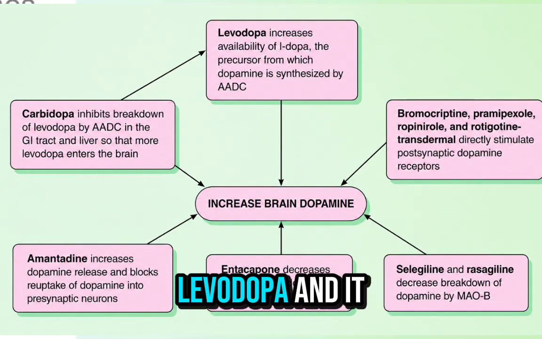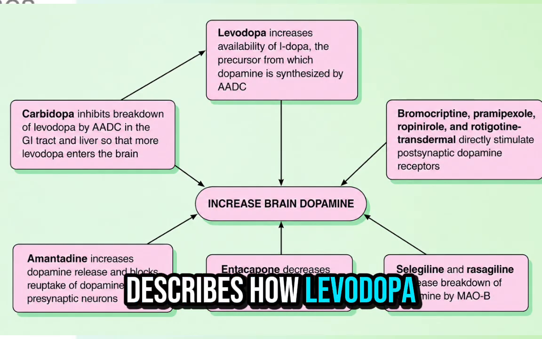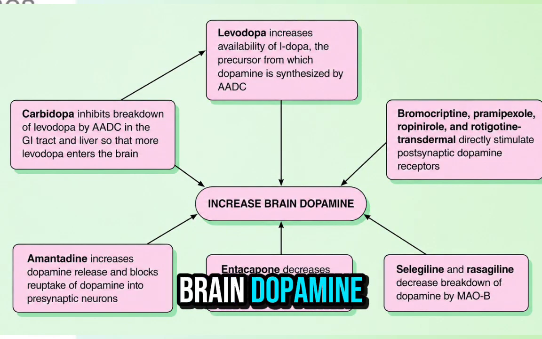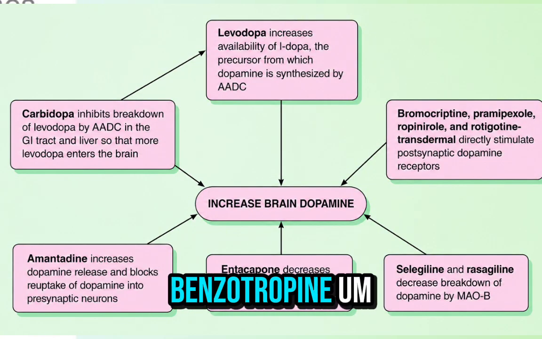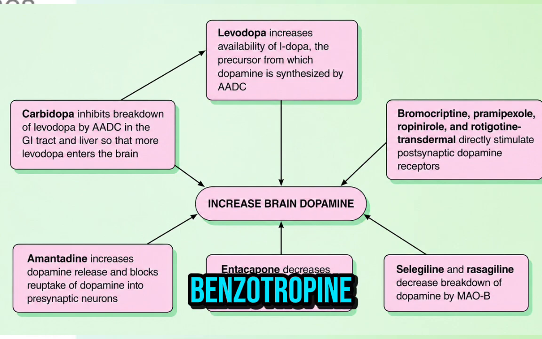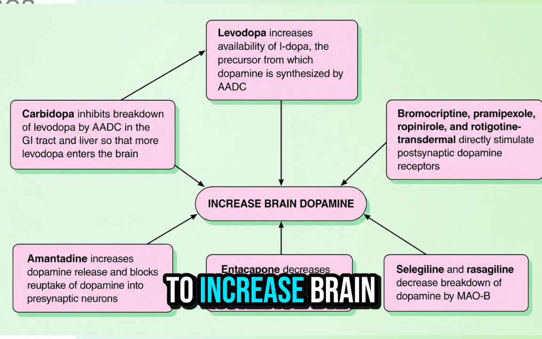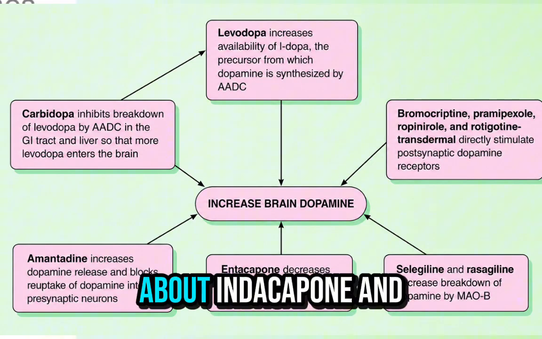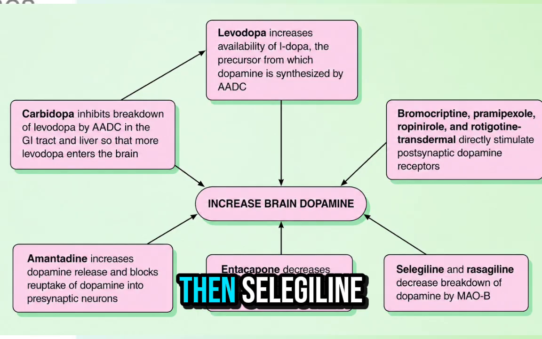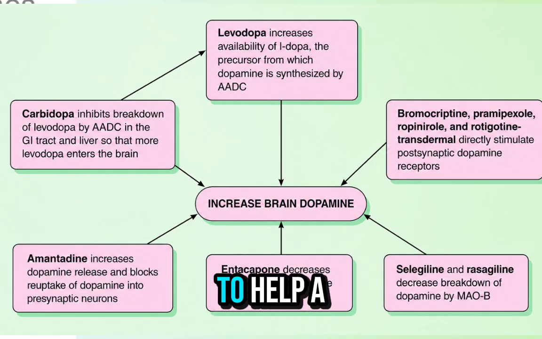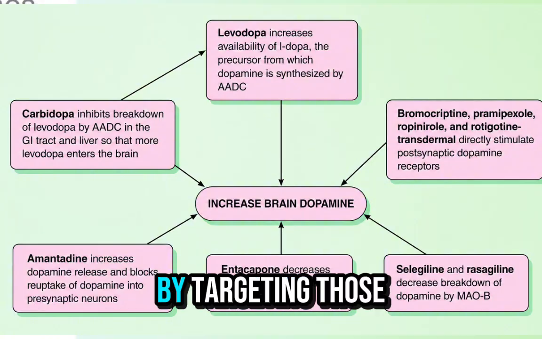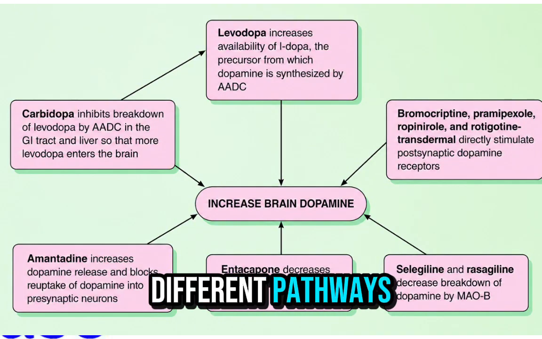Levodopa, and it describes how levodopa works, carbidopa and how it connects to levodopa to increase brain dopamine, benztropine, how it works to increase brain dopamine. Memantine, I didn't talk about that one. I did talk a little bit about entacapone and then selegiline. So all of these are trying to help a Parkinson's patient increase their dopamine by targeting those different pathways.